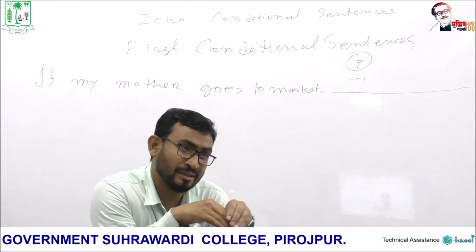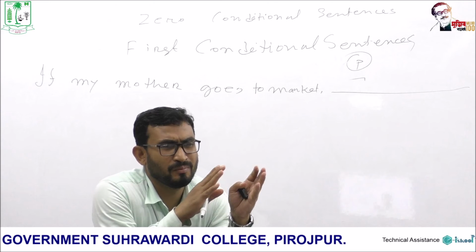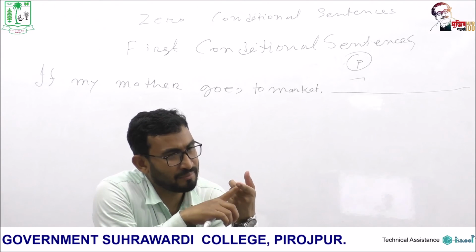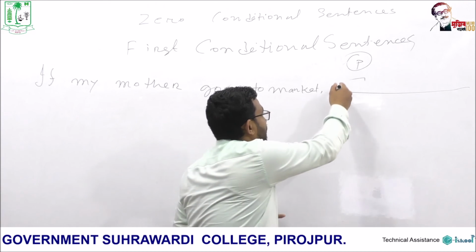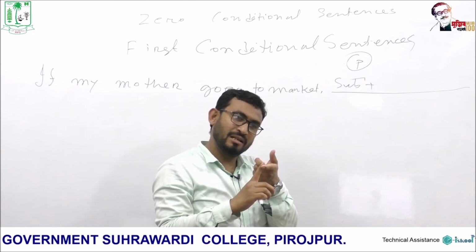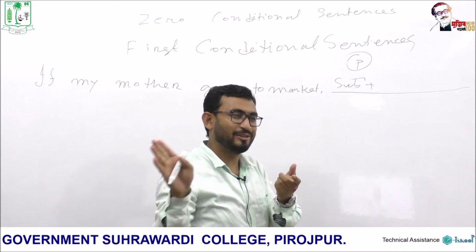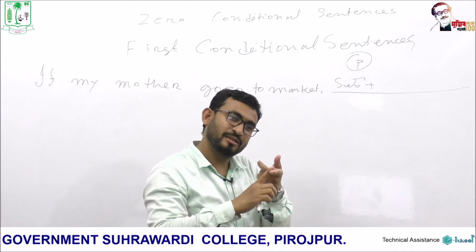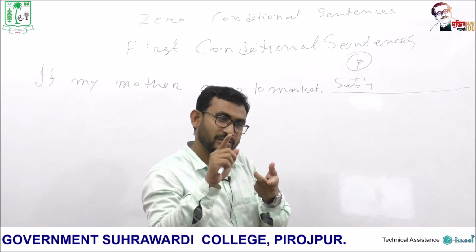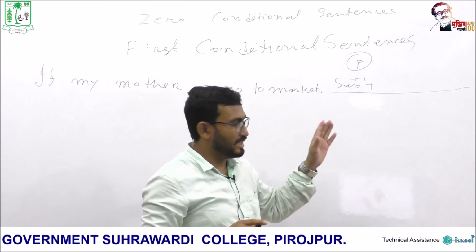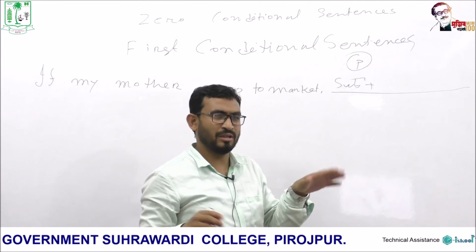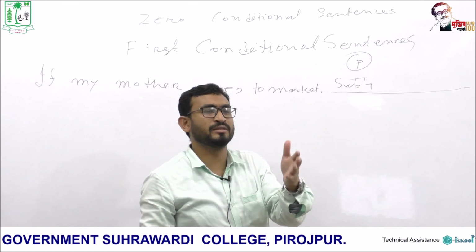Mainly we use after subject, that is, we have to write a subject here. Then we can write will. If you don't like to use will, you can use may. If you don't like to use may, you can use can. So either may or can or will we can use, or even sometimes we may use must.